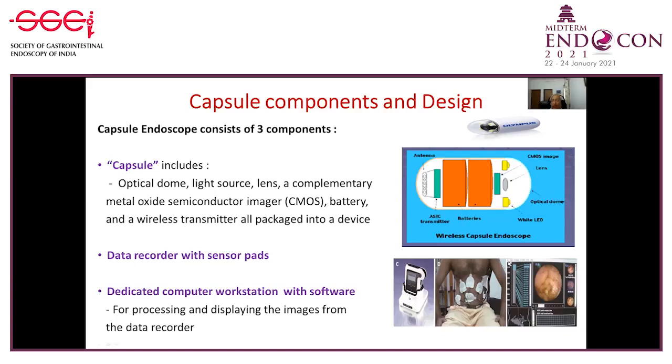The second component is the data recorder and the sensor pads. And the third is a computer workstation with software for processing and displaying the images from the data recorder.